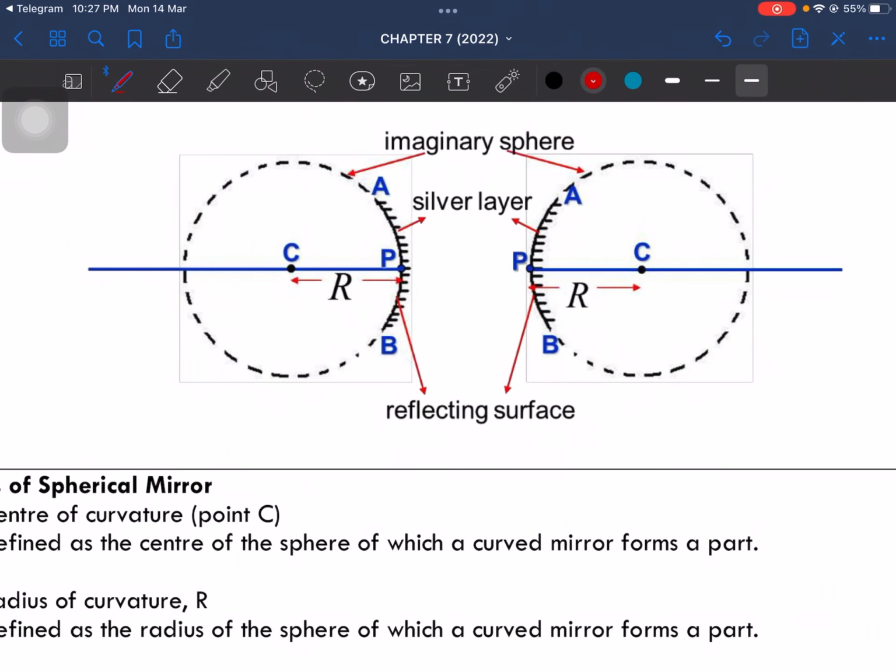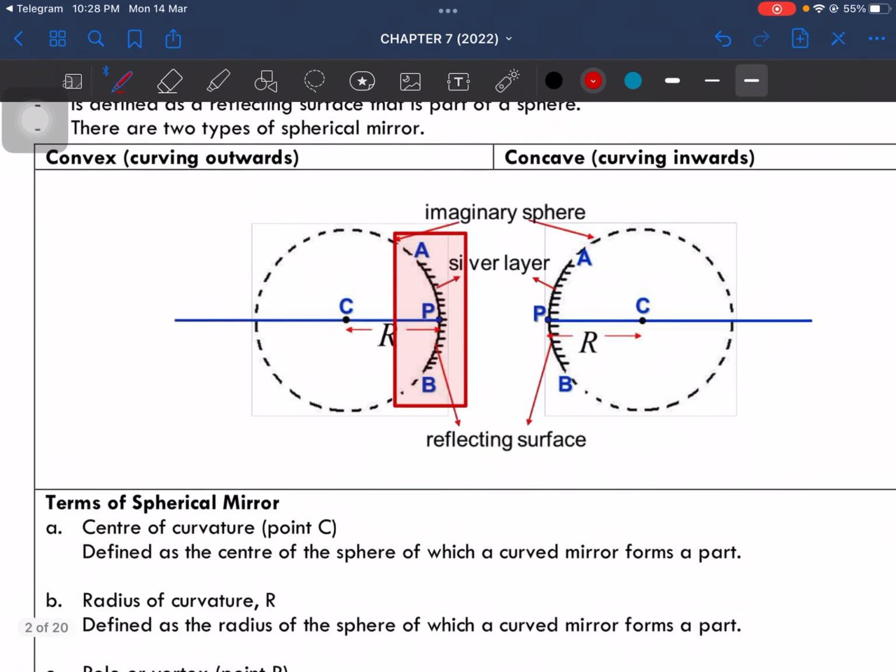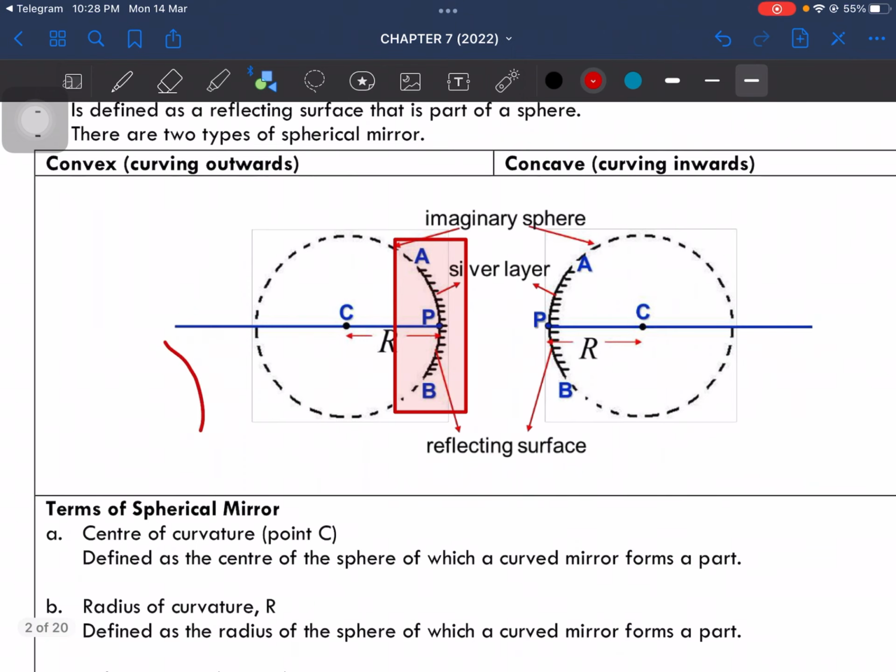The part you need to focus on is up to here. You don't have to draw the whole circle, you just need to know that this is a concave mirror. A concave mirror curves inwards. So let me just draw it again with a bigger size.